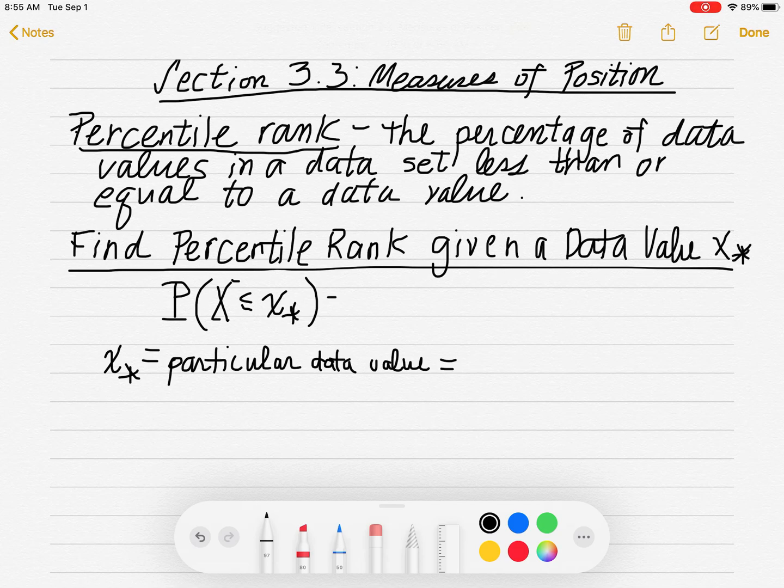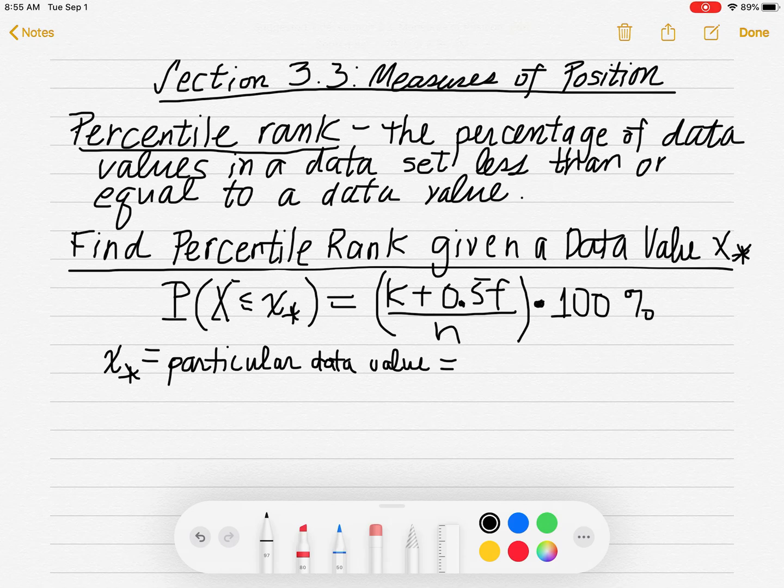All right, so the formula here I'm going to give, this is equal to K plus 0.5 times lowercase f divided by n. I'll tell you what all these symbols mean. And after you calculate that, you're going to multiply by 100 and put a percentage sign on the end.